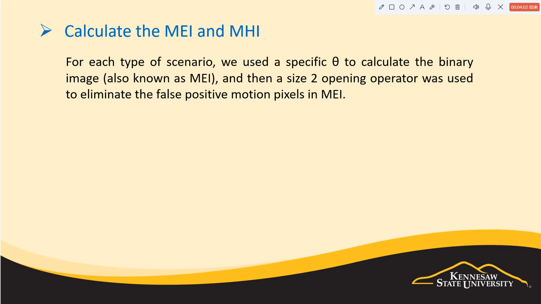The first process is to calculate the MEI and MHI. For each type of scenario, we use a specific theta to calculate the MEI, and then we use an opening operator of size 2 to eliminate the false positive motion pixels in the MEI to gain more accurate results.